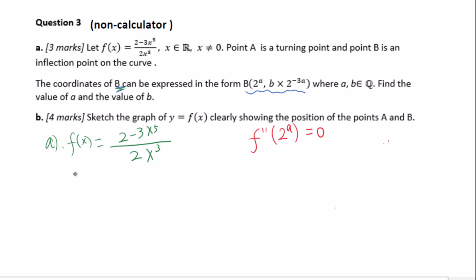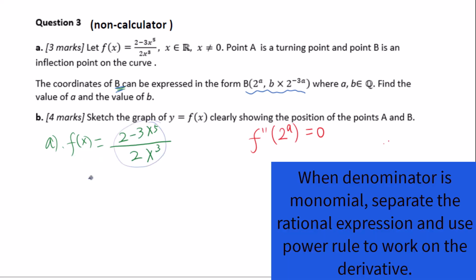So we need to figure out the first derivative of f of x. A better way is to separate: 2 over 2x to the third power minus 3x to the fifth power over 2x to the third power. So we reduce to x to the negative third power minus 3 over 2 x squared.